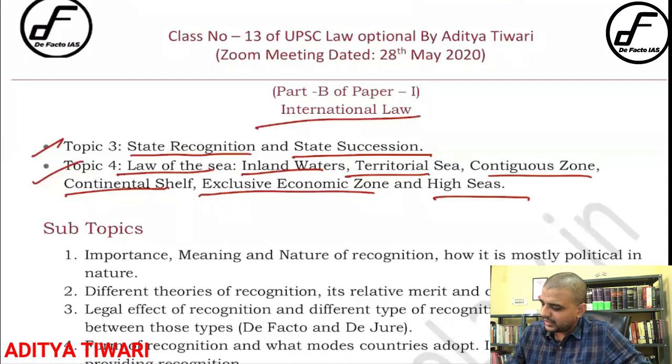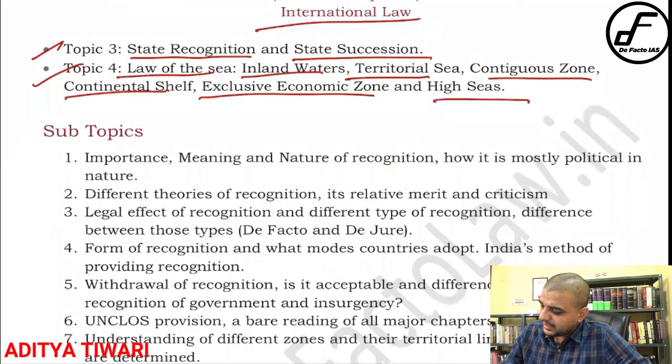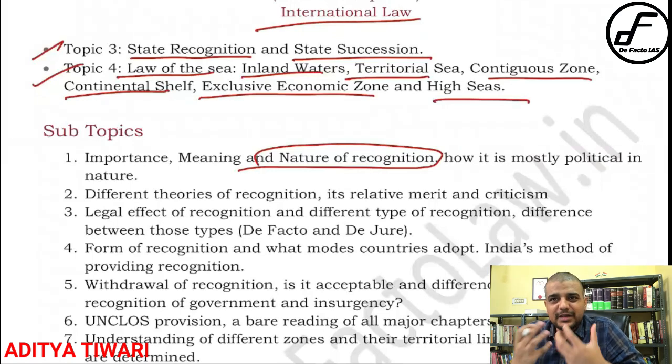One thing is absolutely clear: first you have to understand the meaning and the nature of recognition. The meaning of recognition is what recognition adds to a state's personality. If you remember the Treaty of Westphalia, there are four things you need to become an international state.